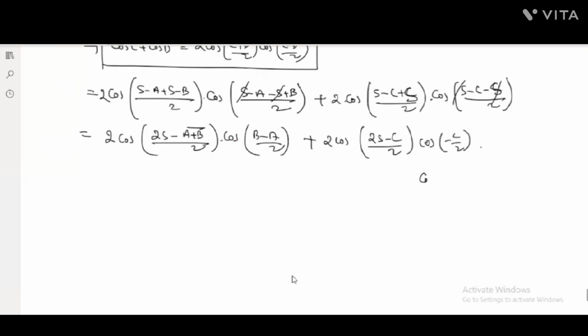We know that cos of minus theta is equal to cos theta only.